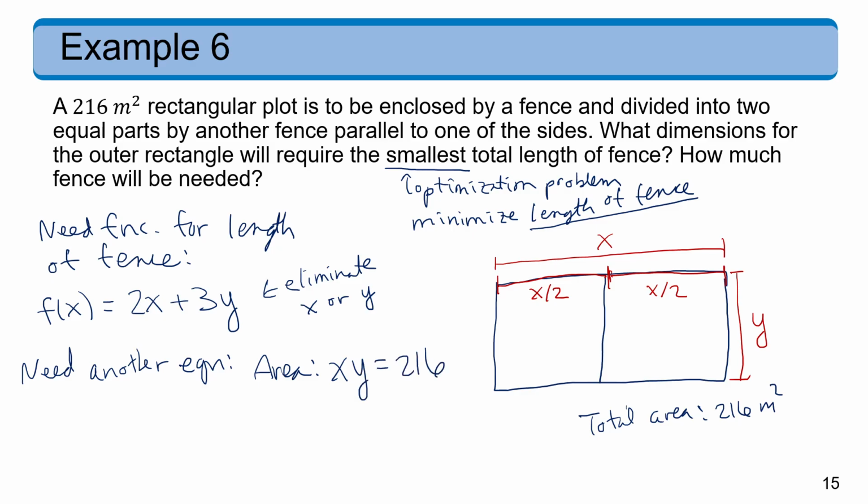Once you have your new equation, you solve it for either of the variables. We can solve either for x or y, and then substitute that into the function for f. It doesn't matter which one you solve for. Let's just say we solve it for y. So y is 216 over x, and then we're going to plug that in right here.